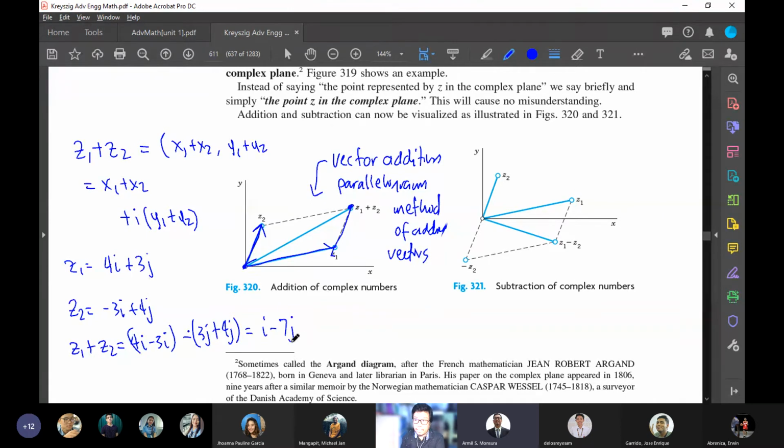Ganito ba yung ginagamit yung notation sa vector analysis? Kung 2 dimensions lang. Isa lang yung nakakaalala. Ano ba pinag-aralan sa vector analysis? 2 dimensions or 3 dimensions?